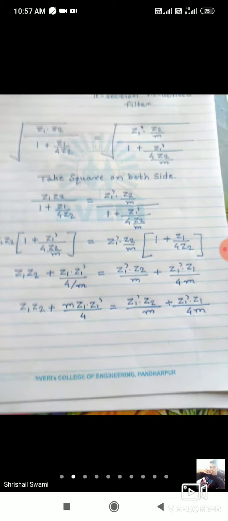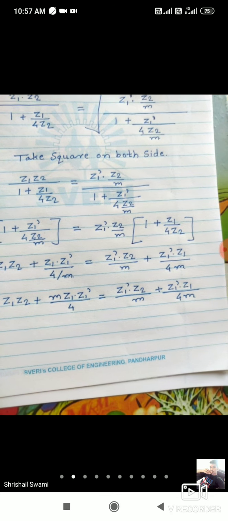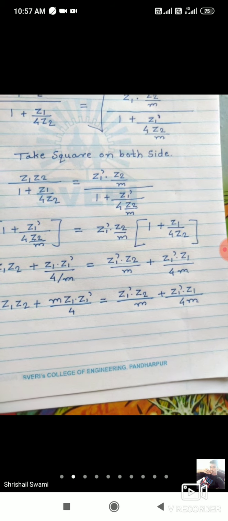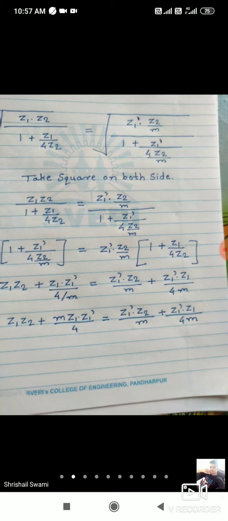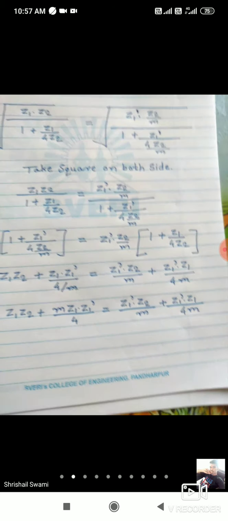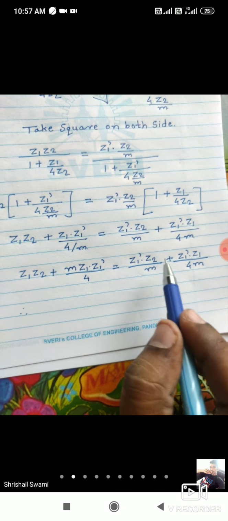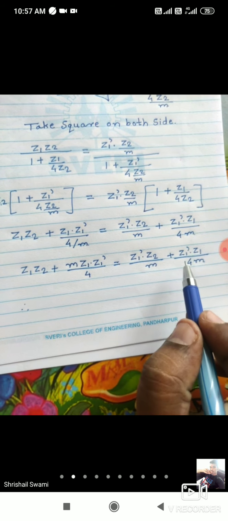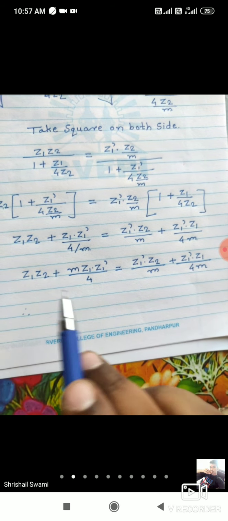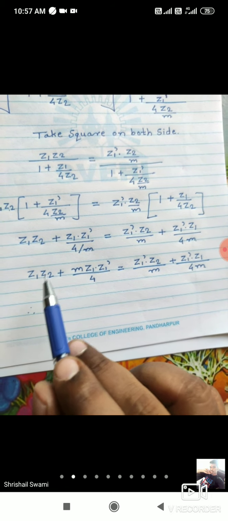So what we can do now, we are getting the expression for Z1 dash. Take all the Z1 dash terms to one side and the remaining term to the other side. Because in each of these terms Z1 dash is there, only this part remains, and this will be on the right hand side.